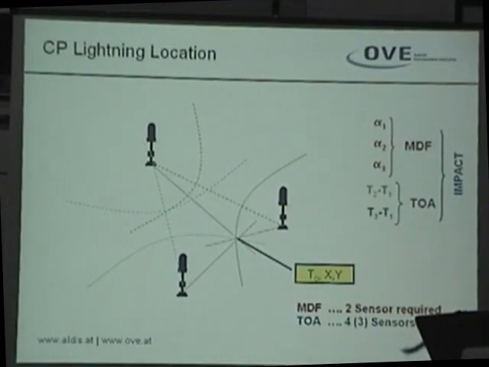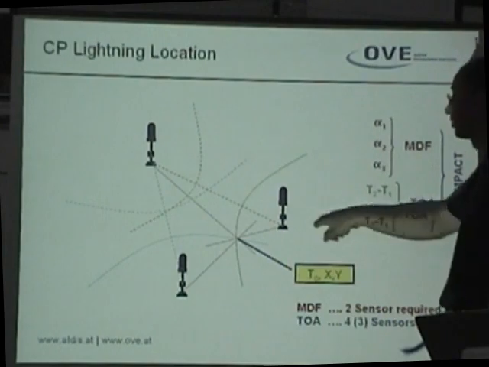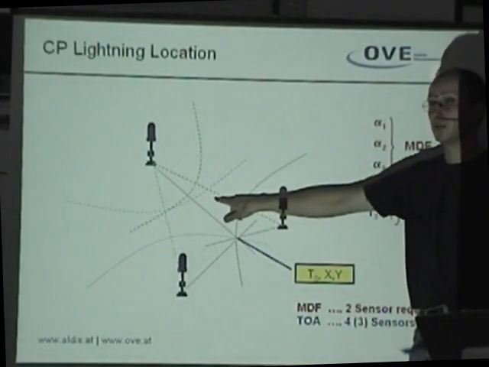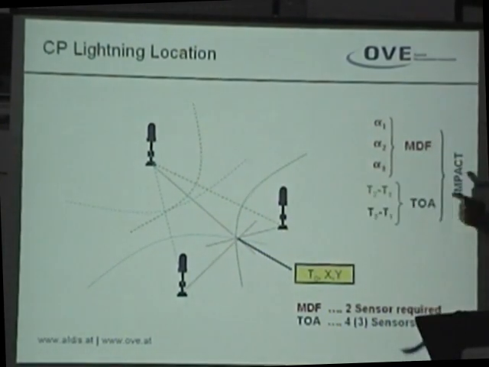And this is even possible with 2 sensor solutions, because the time helps, of course, on the baseline. If it's on the baseline and you have 2 sensors pointing to the baseline, then with the time information and the angle, you already have quite a good accuracy there. So it's possible with 2 sensors only.